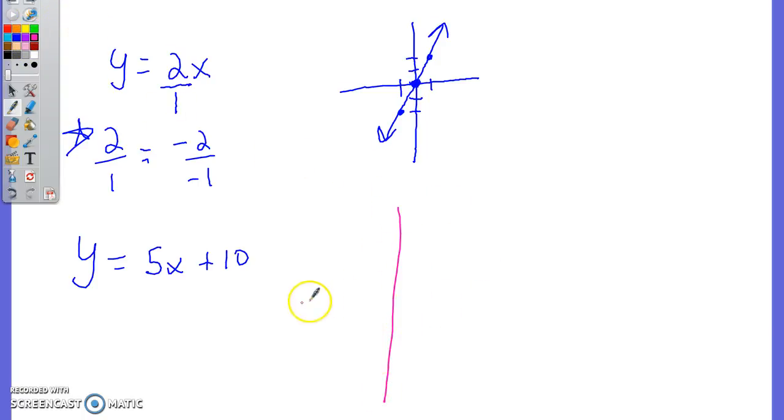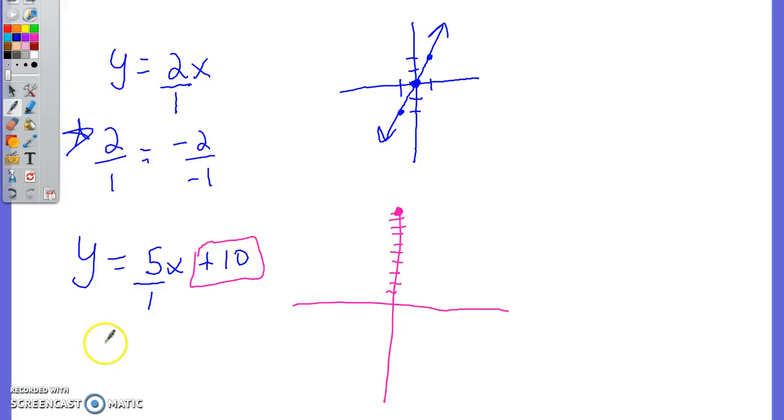My starting point is a positive 10. 1, 2, 3, 4, 5, 6, 7, 8, 9, 10. Put a dot there. All right, so from there, I need to do my slope. In this case, my slope is 5, and to make that a fraction, I would do 5 over 1. So if you notice from here, if I go up 5 to the right 1, I'm starting to run out of paper. I'm going to run into that, so it's going to be messy.